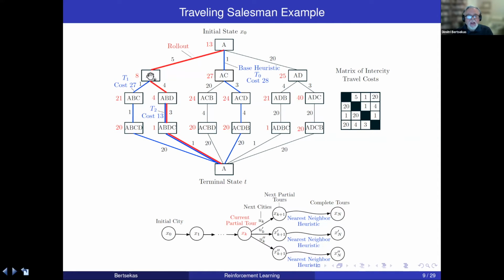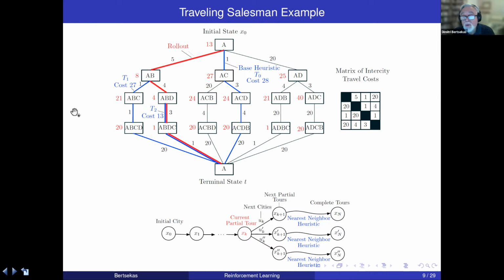So this is a tail subproblem of starting here and going all the way to the end. And 8 is the optimal cost to go from here to the end. You really have to choose between these two, and it turns out that this is best. We have already done the dynamic programming algorithm in the previous lecture, and calculated the optimal cost.